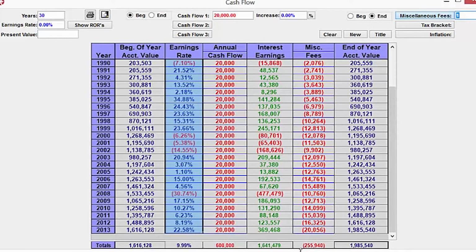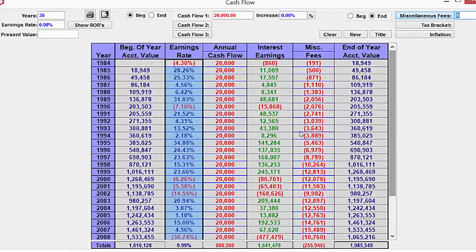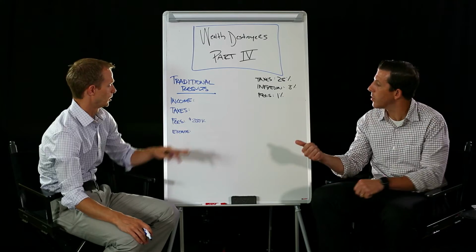The total fees over this 30 years are going to be $255,000, almost $256,000. Let's go back to the whiteboard and start to look at what that income is. So I plug the fees in here.